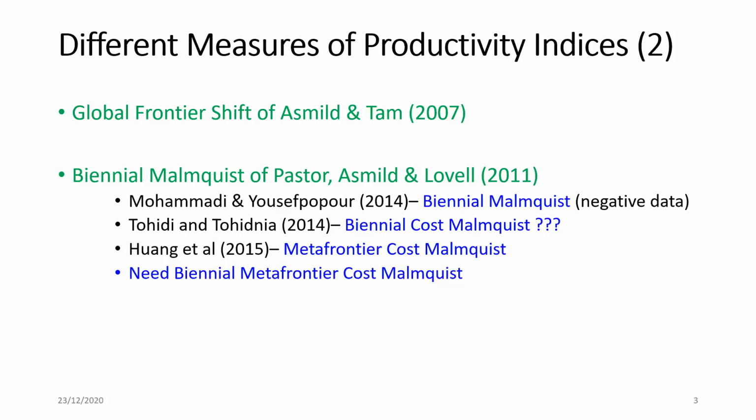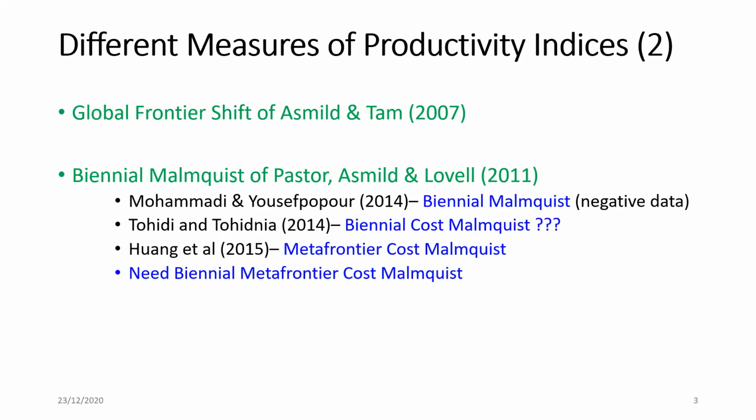And then what we are going to look at today is the Biennial Malmquist. The Biennial Malmquist has been extended slightly to negative data. It has also been slightly extended to meta-frontier cost Malmquist. It has been weakly written in Biennial cost Malmquist. And that's why I put a question there, because it's not explicitly clear.